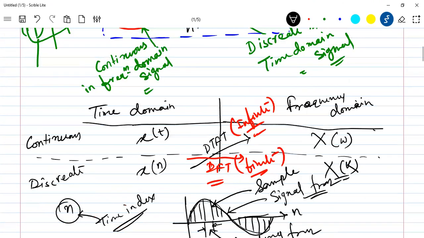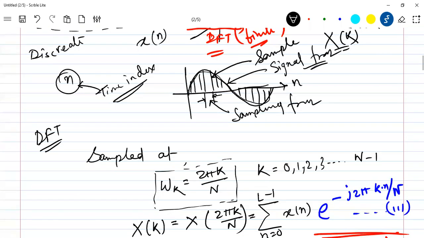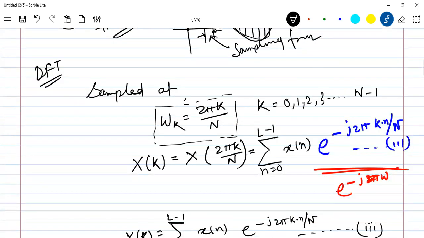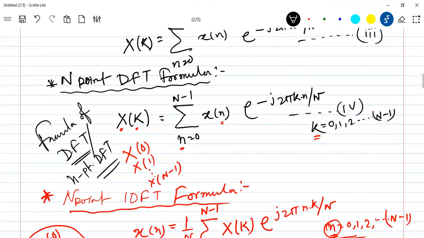Then we discussed the different types of time domain and frequency domain signals and notation. Then we found the DFT formula from the DTFT for finite length. First we sample the omega part and put it in the DFT formula, and in place of L we consider N, and we finally get the DFT formula.